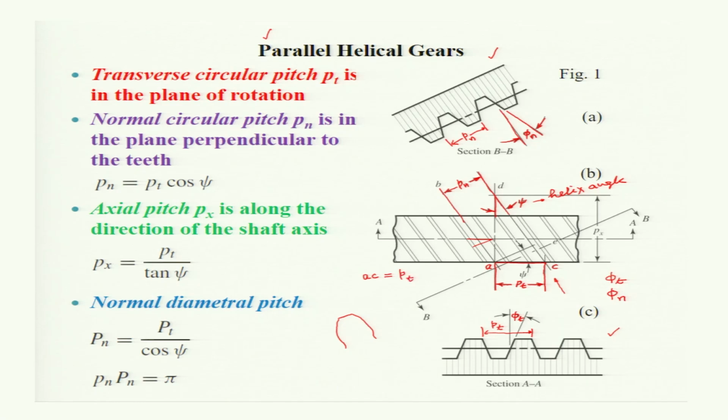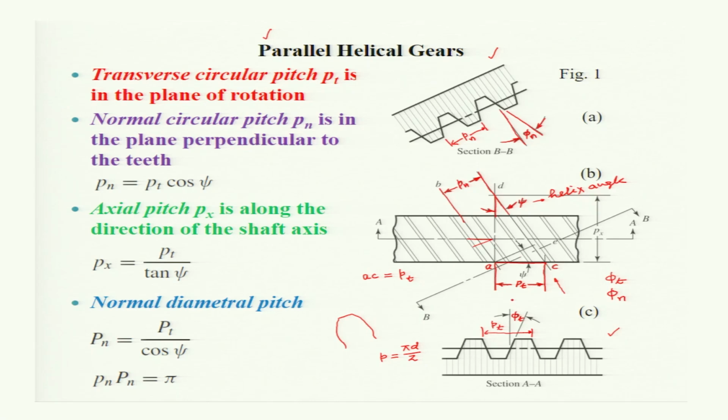In the case of spur gear, there was only one circular pitch, and that was called P, and that was equal to pi d divided by z. Here we have two circular pitches. One circular pitch when the teeth is viewed along the transverse direction, and when it is viewed from the normal direction, BB, this is PN.